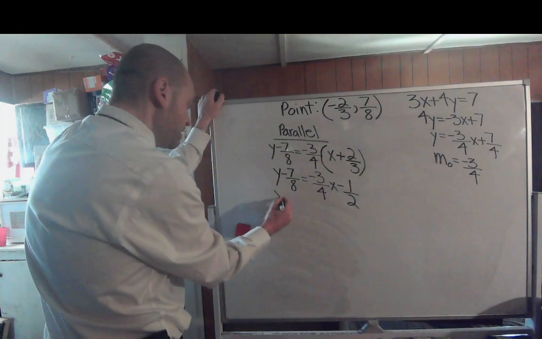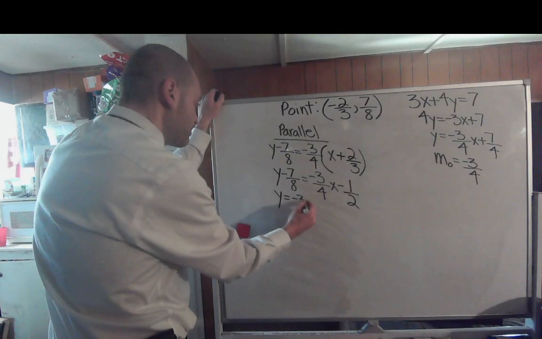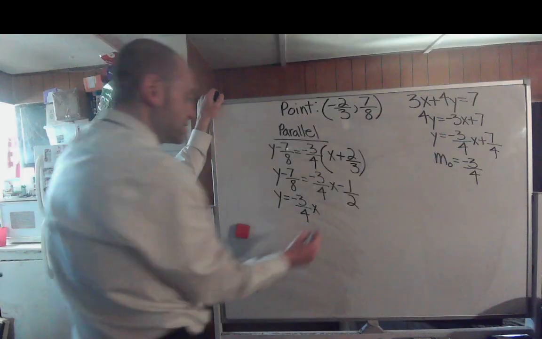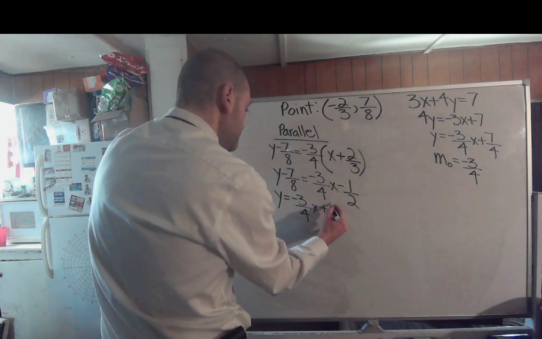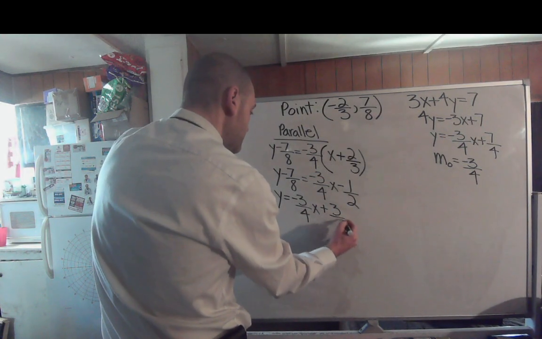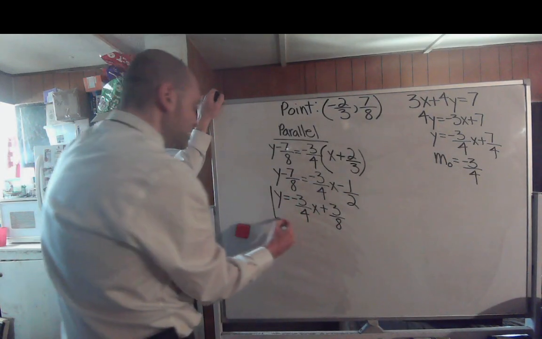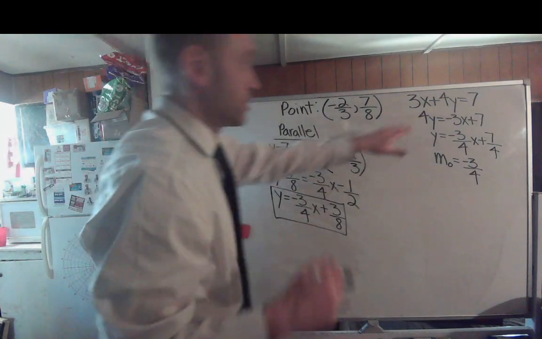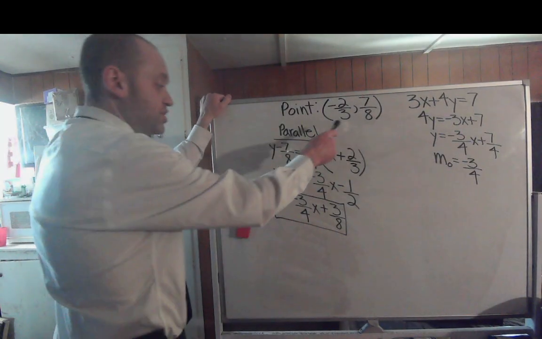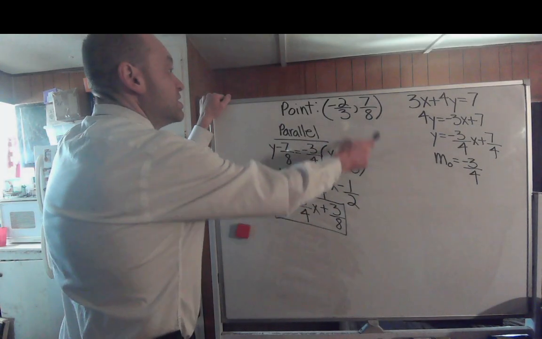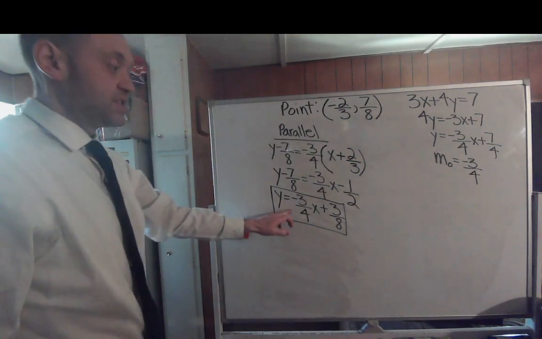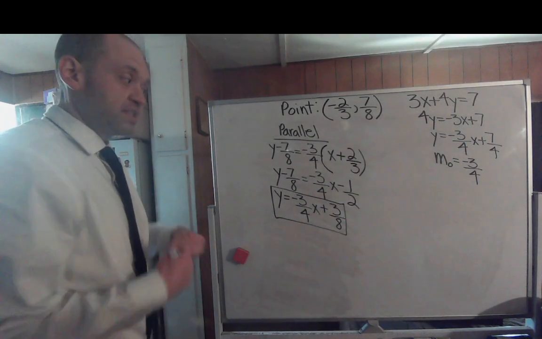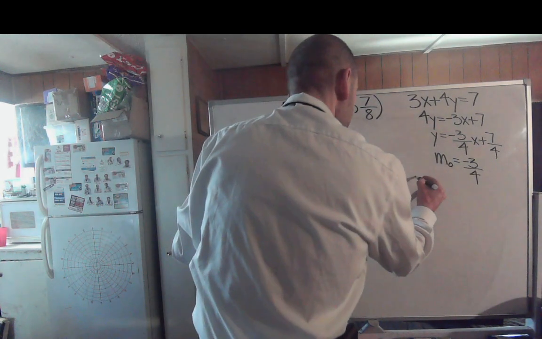So then you would get y equals negative 3/4 x plus 3/8. So the line that is parallel to this original line running through negative 2/3, 7/8 is y equals negative 3/4 x plus 3/8. Now let's find a perpendicular line.